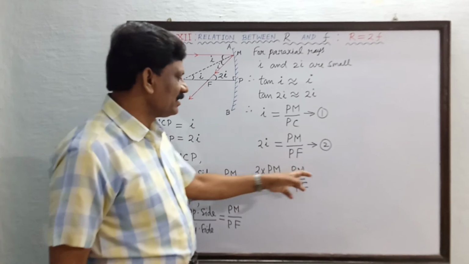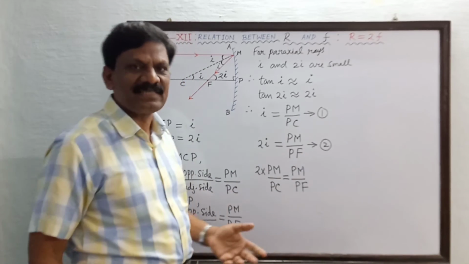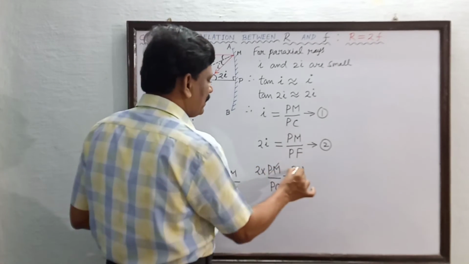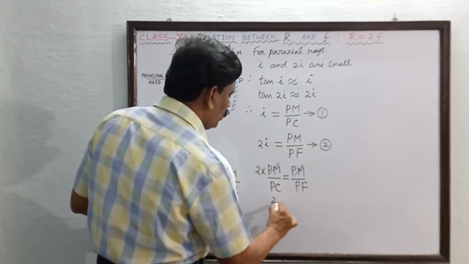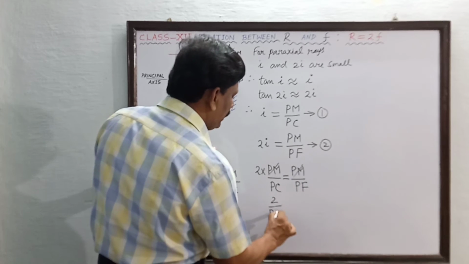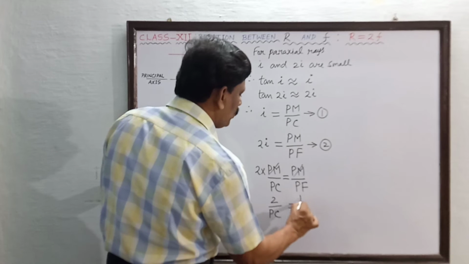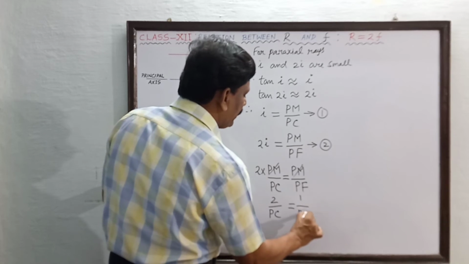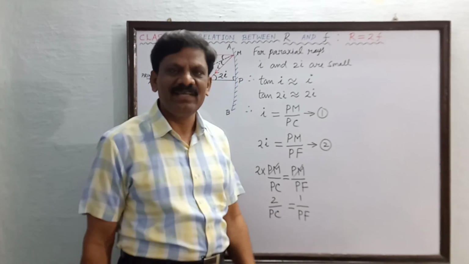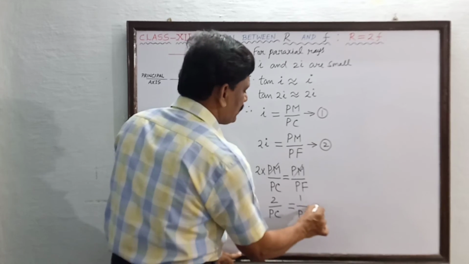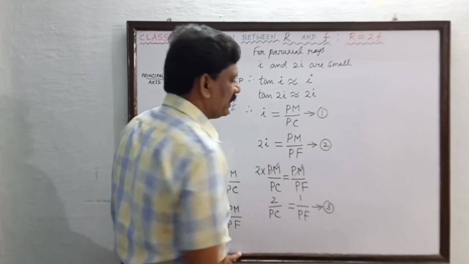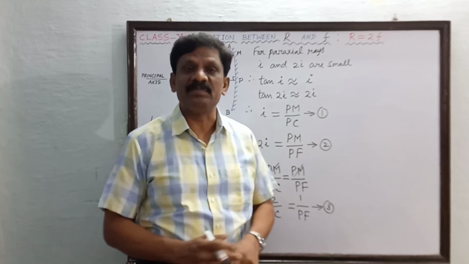Now the common factor PM on both sides gets cancelled. So 2 divided by PC is equal to 1 by PF. I can call this equation 3, so that we can remember the sequence of steps.